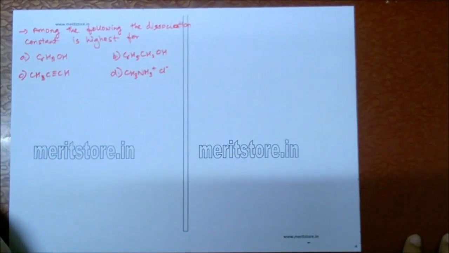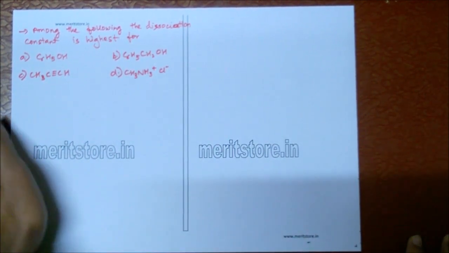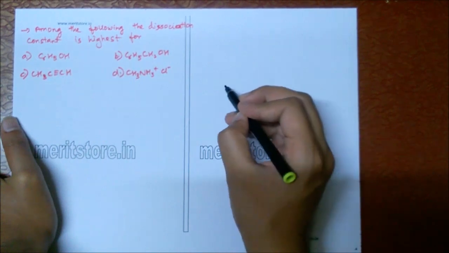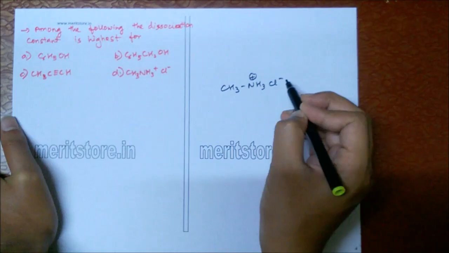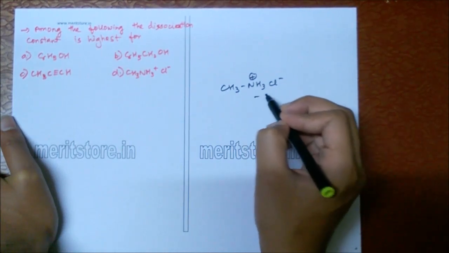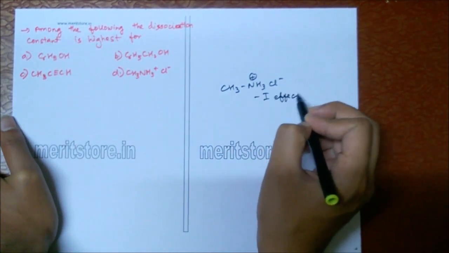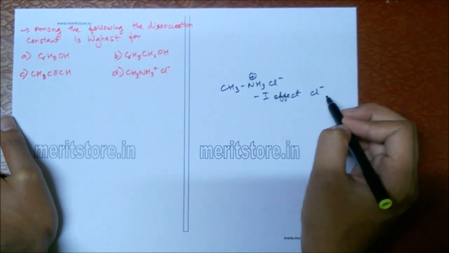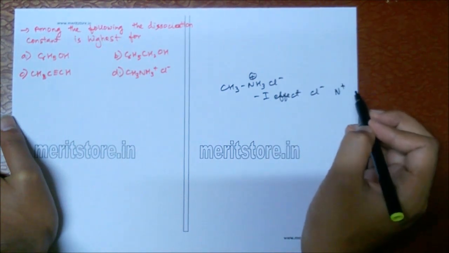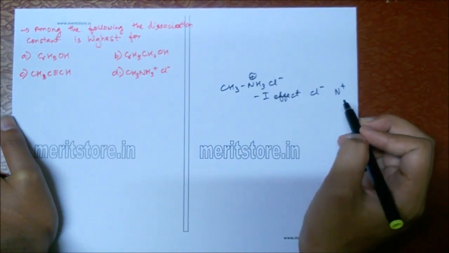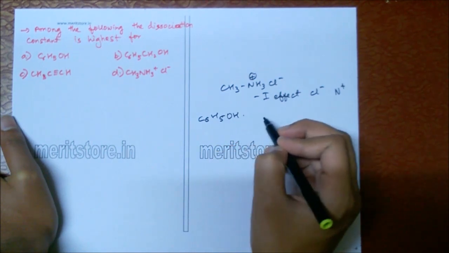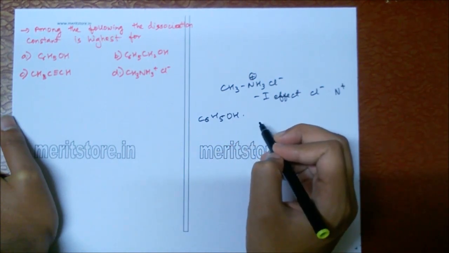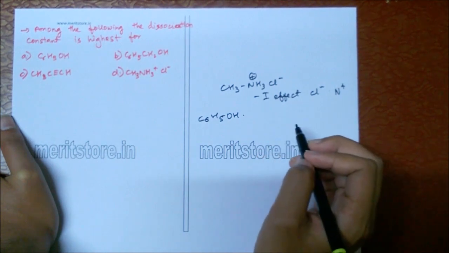Among the following, the dissociation constant is highest for which compound? Dissociation of proton from CH3NH3+Cl- is very difficult due to minus I effect of chloride and the positively charged nitrogen, while in phenol, due to resonance stabilization of phenoxide ion, the proton is eliminated easily.